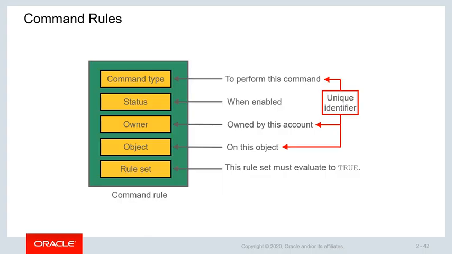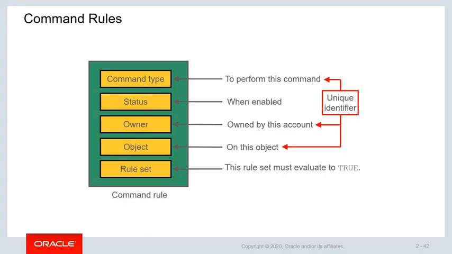So with the commands, you're going to specify which command your database is being protected against. This includes most DDL commands, the alter system command, the execute command, and data manipulation language statements. With the status, you can indicate whether the command rule is currently in effect or not.